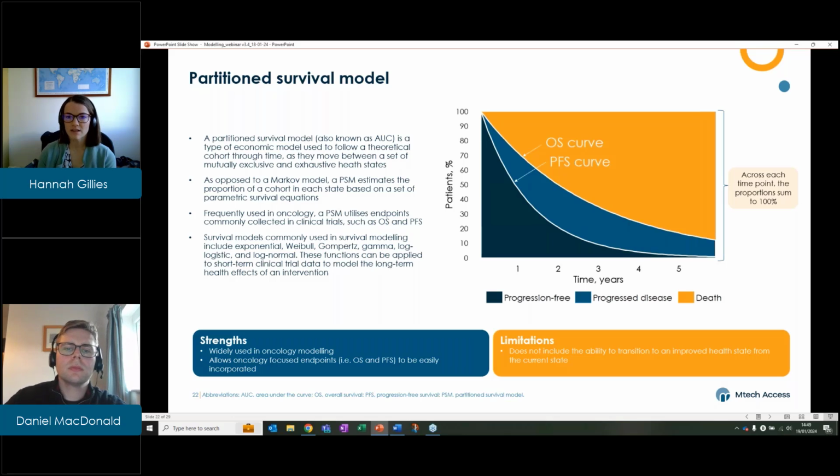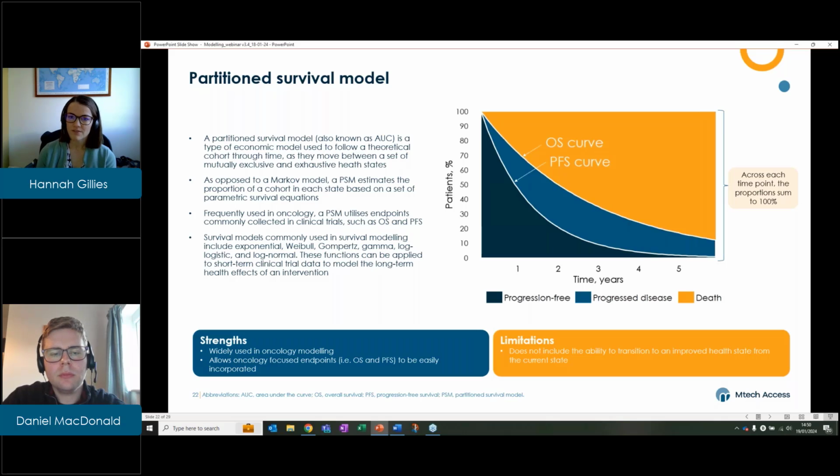So if you look to the example on the right-hand side, this is exactly what we've shown here. Using the overall survival and progression-free survival curves, the cohort are partitioned into 3 sections, as you can see from the color coding. Above the overall survival curve are the patients who have died, and underneath are those who are still alive. Of the patients who are still alive, this is further proportioned into 2 separate sections.